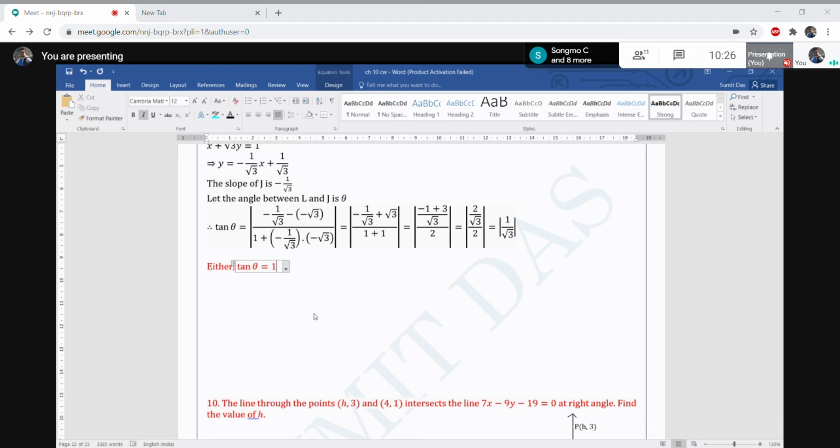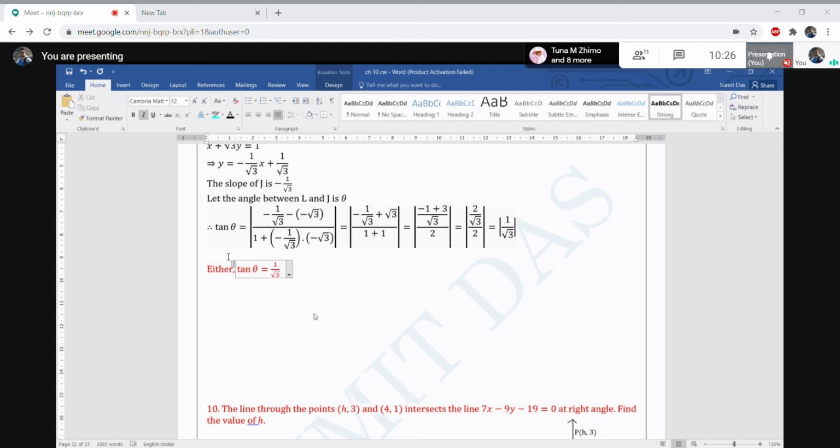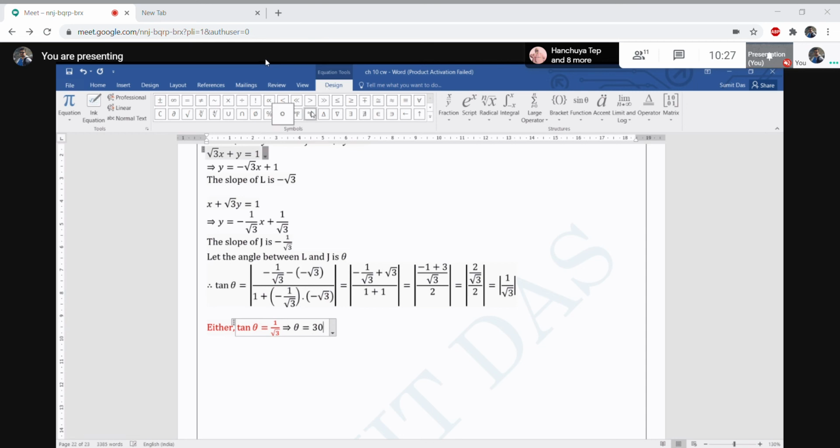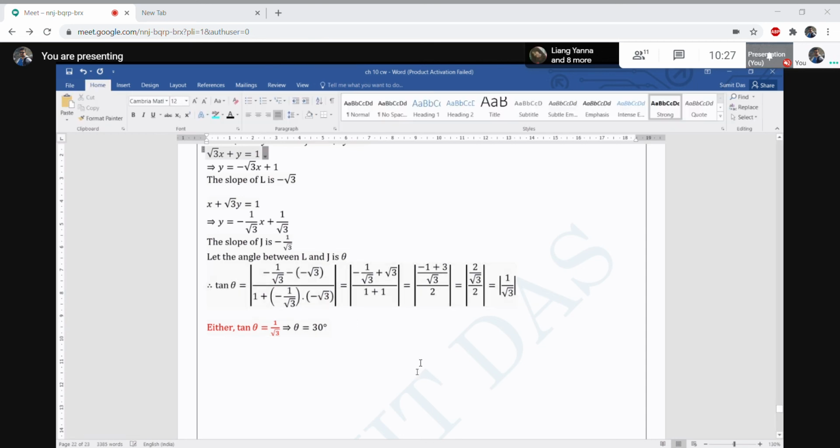Okay, so that implies theta will be, which value of theta gives 1 by root 3? That is 30 degrees, I guess, right? That is 30 degrees.